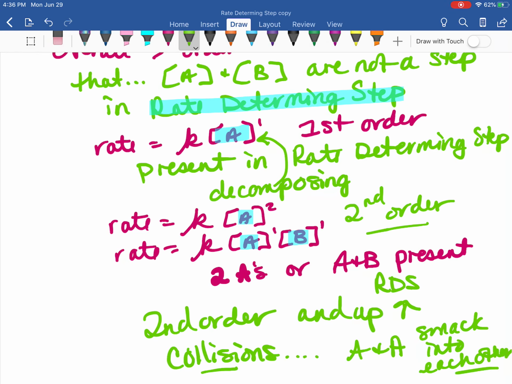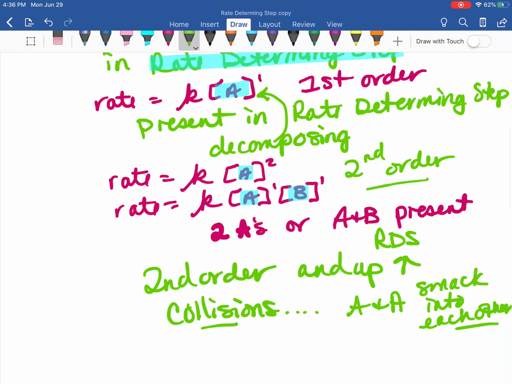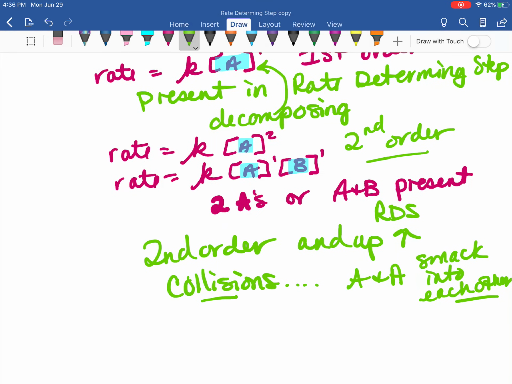So literally your order is telling you the species that have to collide in your rate determining step. So order can give us all kinds of information about what's happening in the reaction. Again, it doesn't mean that something's not there. It just means it's not participating in your rate determining step.